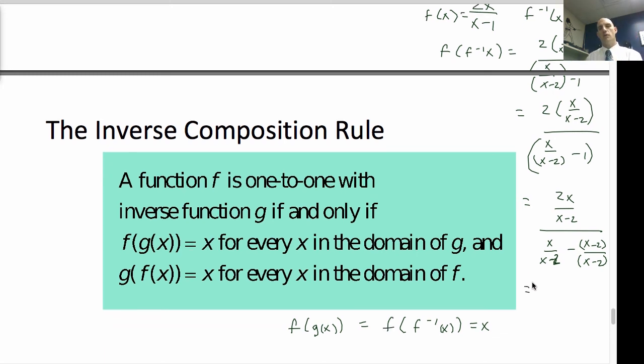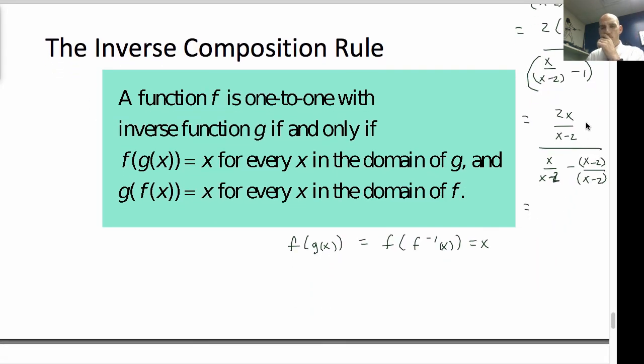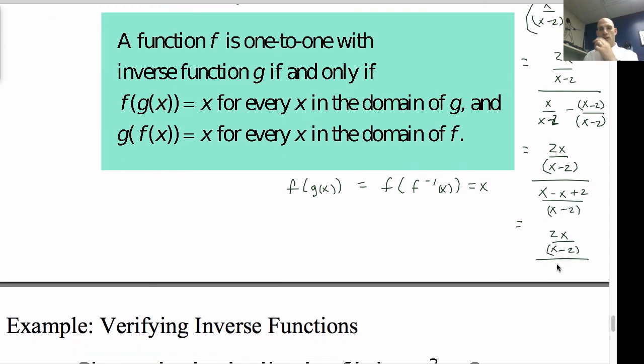Stick with it. Have some perseverance. On top, I've got 2x over x minus 2, and on the bottom, x minus x plus 2 over x minus 2. Oh, look at this. x minus x is 0, so that's 2 over x minus 2.